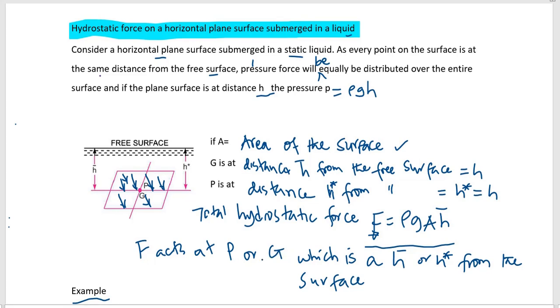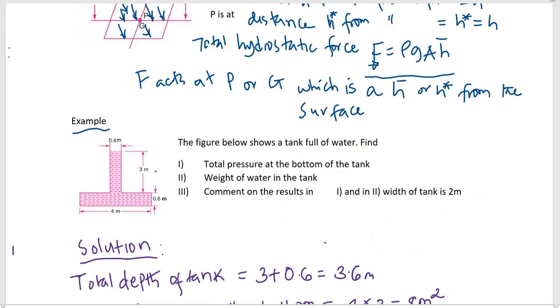This force acts at a point P or G, which is a distance h bar or h star from the surface. This total pressure acts through the center of pressure, which is at the same point as the center of gravity of the plane surface. Let us look at the example.